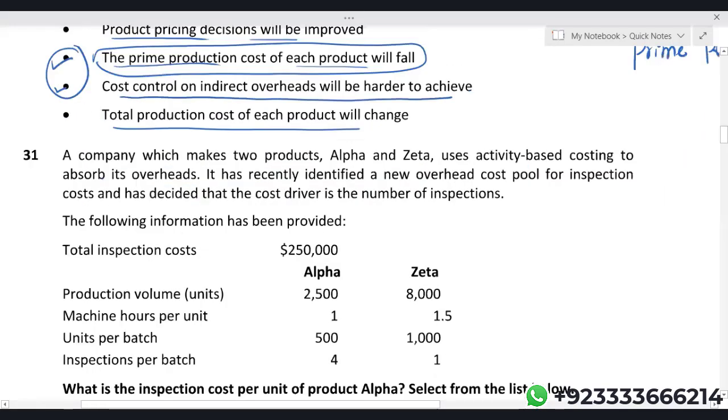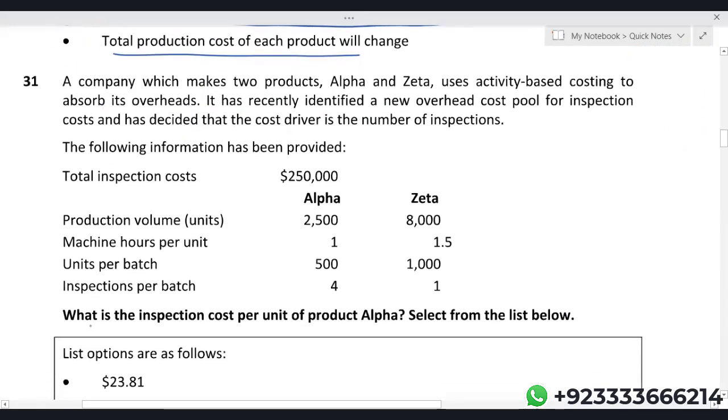Okay, now. What is the inspection cost per unit of product alpha? They're just asking us what is the inspection cost per unit of product alpha. Select from the list below. Very simple. Actually, first we need to calculate the inspection cost which relates to alpha.